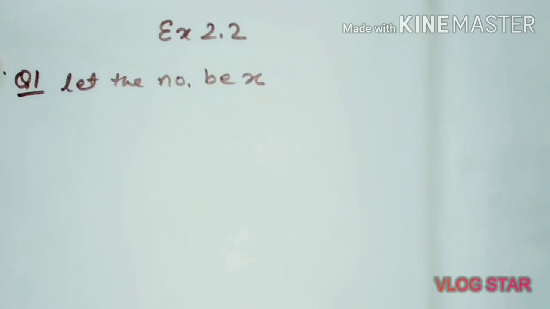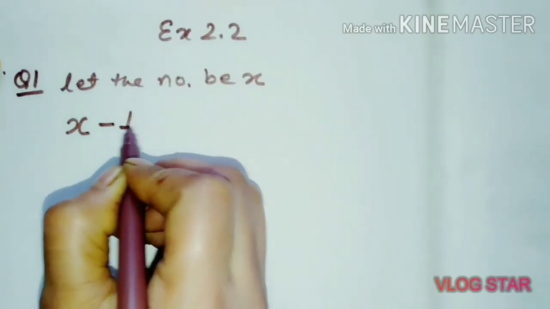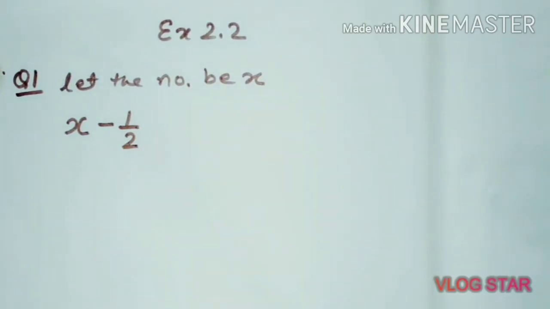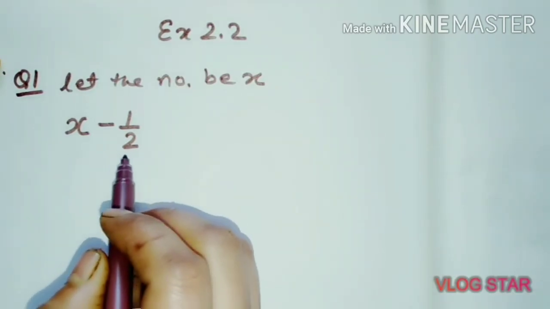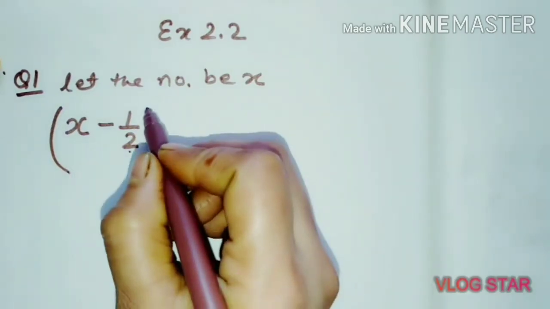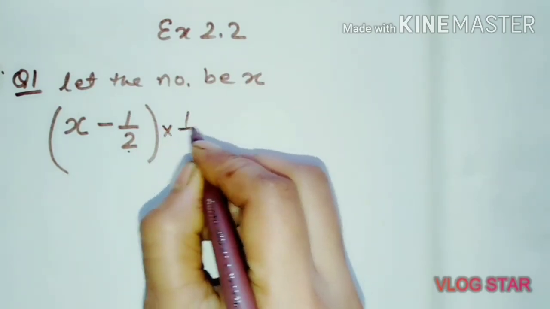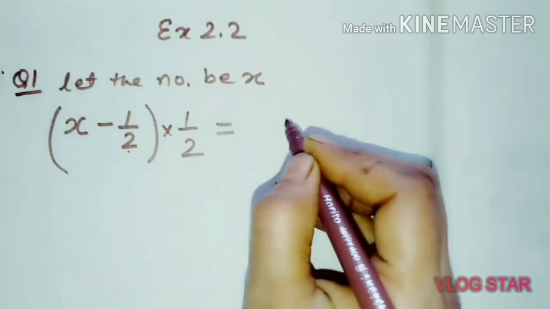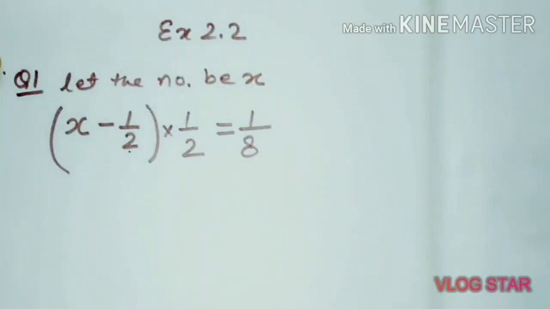Now the question says that if you subtract half from a number, that is from this number x we subtract half, x minus 1/2, and multiply the result. So whatever we are getting on subtraction of the half from this number, that is multiplied again by half, we get 1/8.